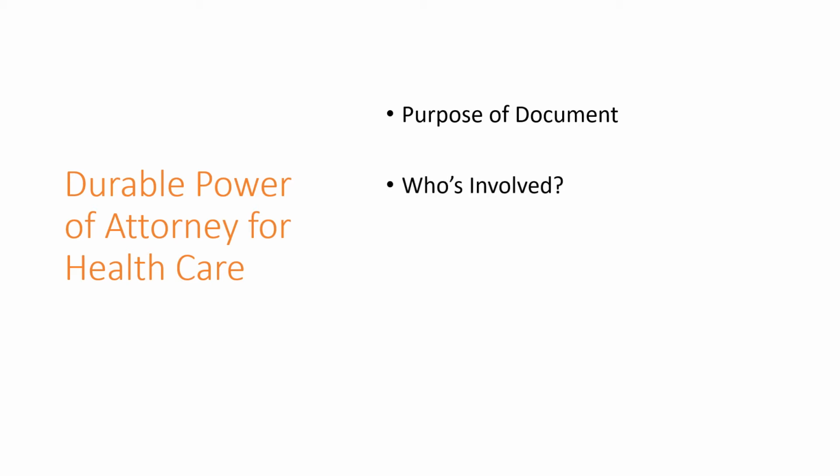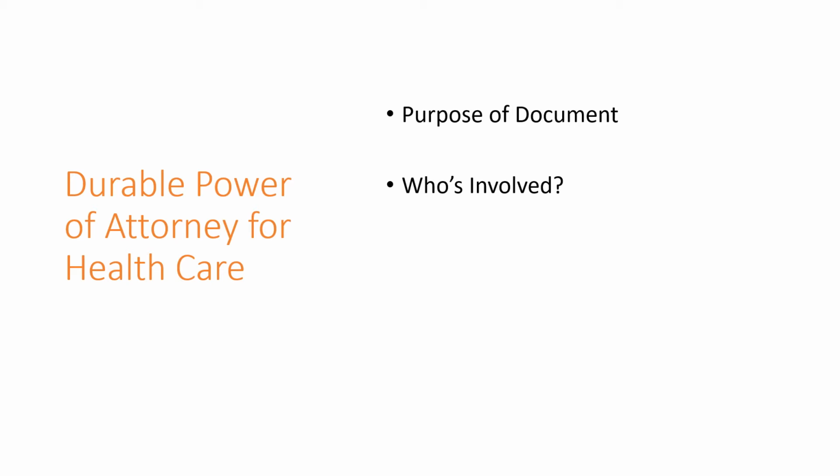In terms of who's involved, well, your physician prepares a report of your medical condition. He presents that information to the agent that you have nominated in this document, and then that person is authorized to decide what to do with that information.